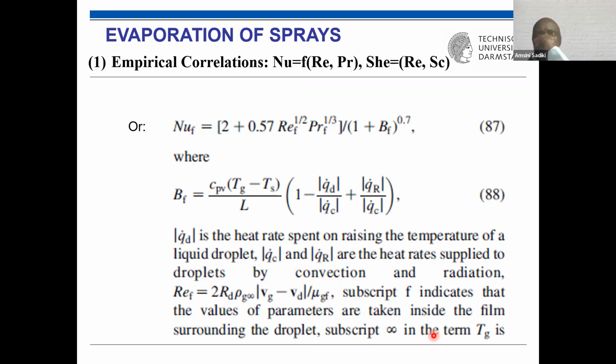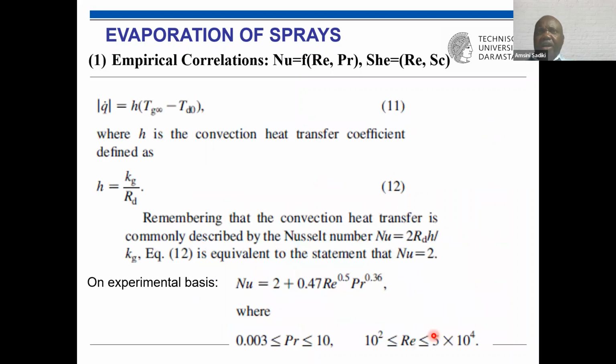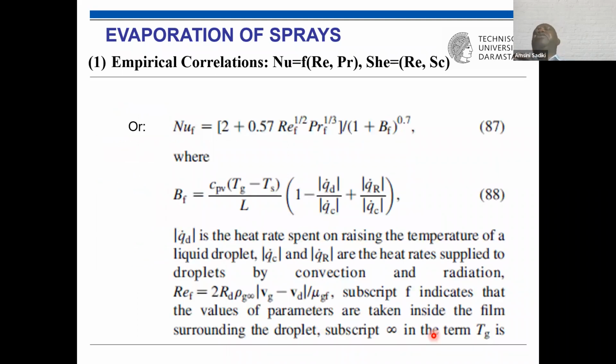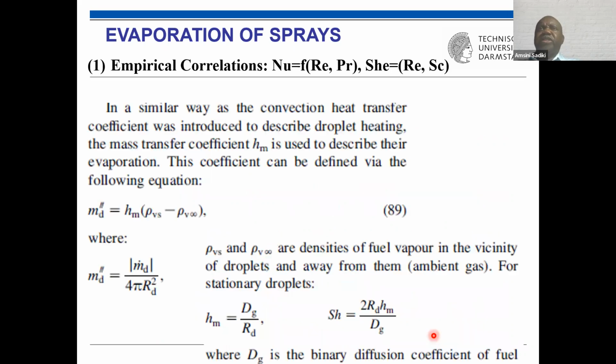So we now have two kinds of correlations, this one and this one, but we have a series. I will give you a table in which we will see how we can do it.